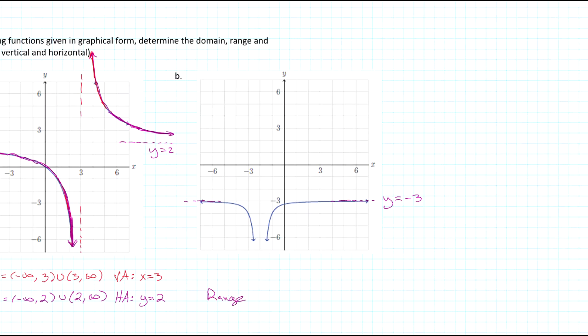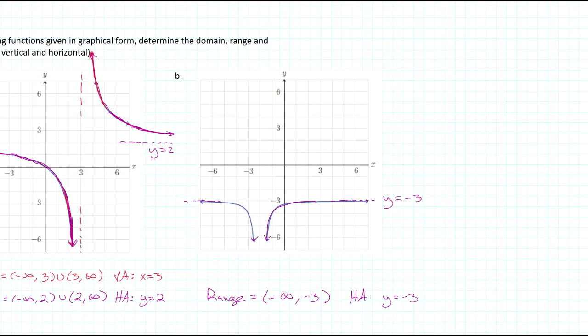Not because I have to, but just because it's the first thing that I noticed. The y values do keep going down forever. So the range can go down to negative infinity, and then it comes up to negative 3, but never gets there. We have a horizontal asymptote at y equals negative 3.